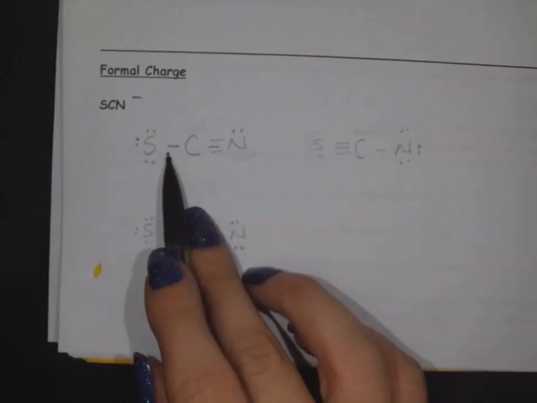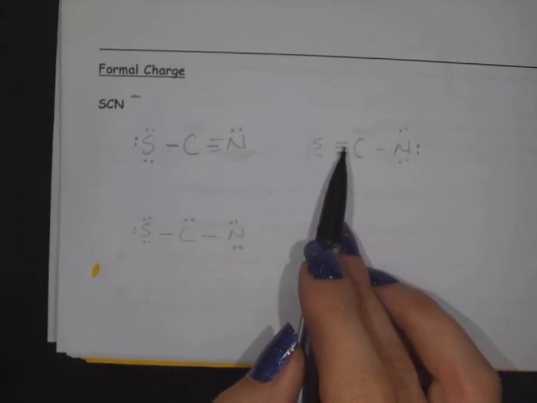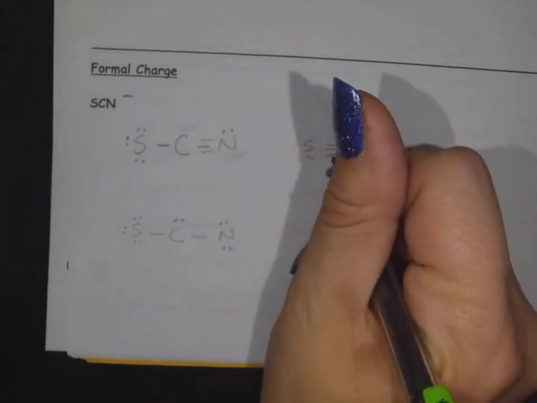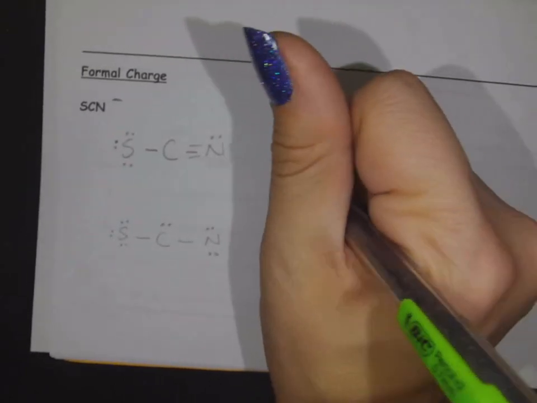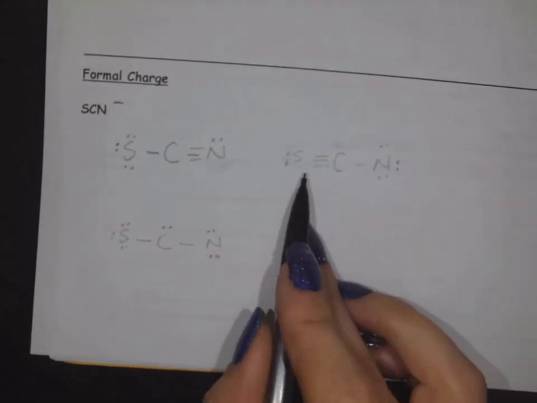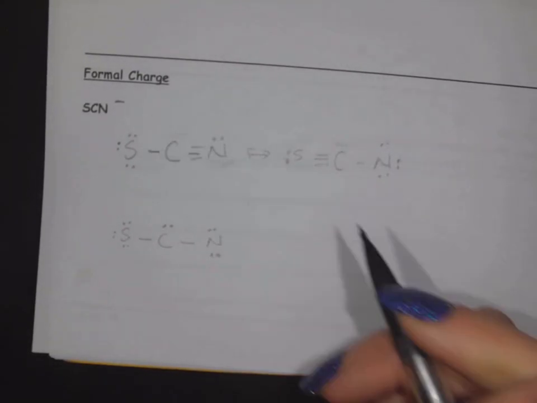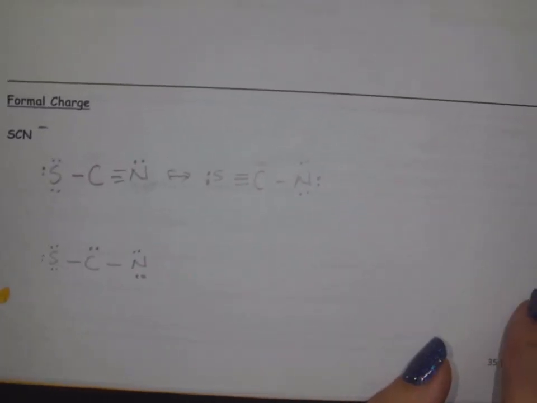It's like, is the triple bond with the sulfur, or was the triple bond with the nitrogen? Electrons move around, and so where is this going to settle where it's got a triple bond and a single bond? So these are Lewis dot structures, and they're both valid.